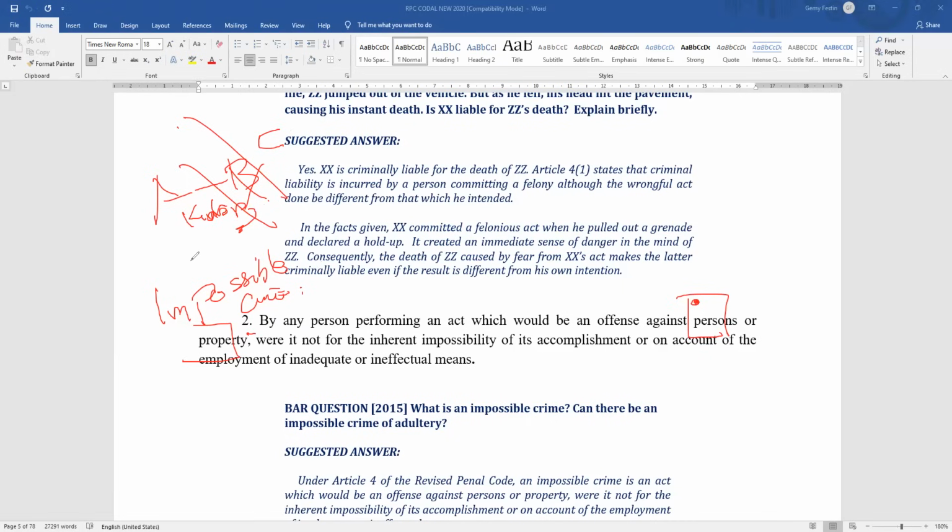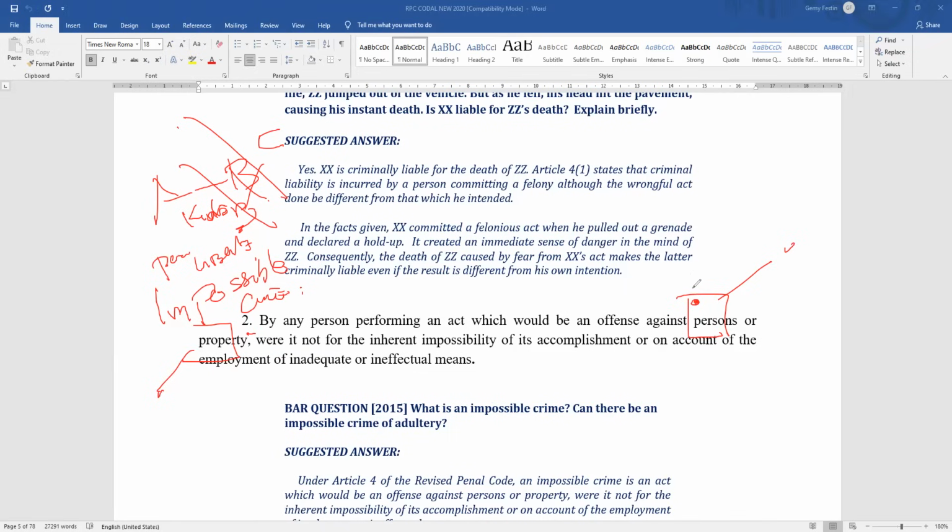Kidnapping is a crime against personal liberty, and it's not a crime against persons or property. So moral lesson, memorize nyo what are the crimes classified or falling under crimes against persons. You also have to memorize crimes against property. Tingnan nyo, no?